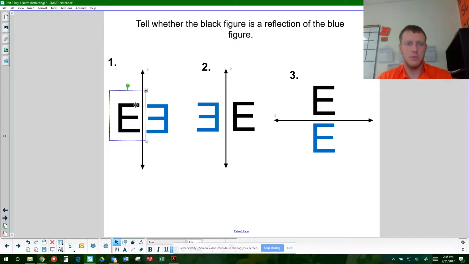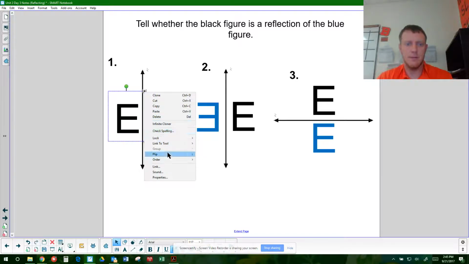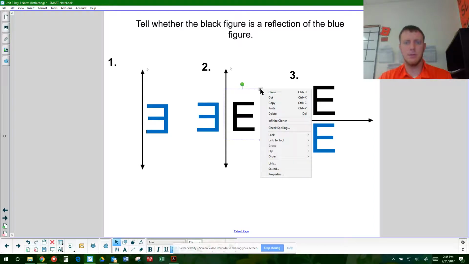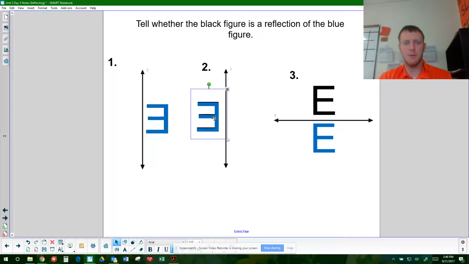For example, with these E's that I have here, if I reflect this, if I flip this over this line, then it should line up exactly underneath the blue line, which it does. So that is a reflection. Same thing with number 2. If I reflect the black one, and I can cheat because I have the computer, but if I were to reflect it over, then perfect. It lands perfectly right where it goes.